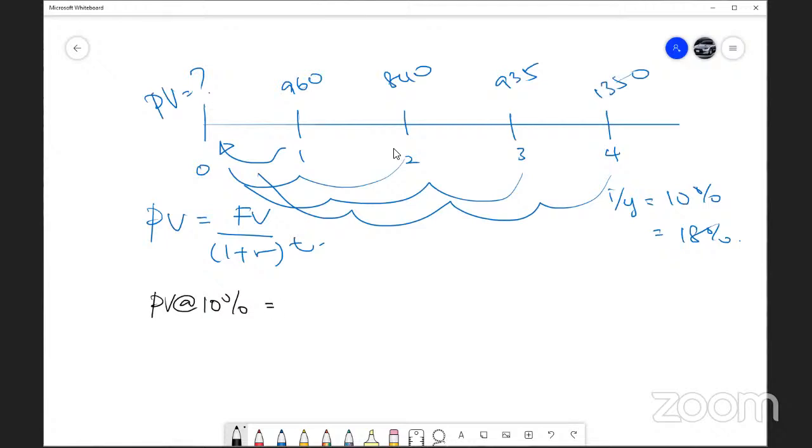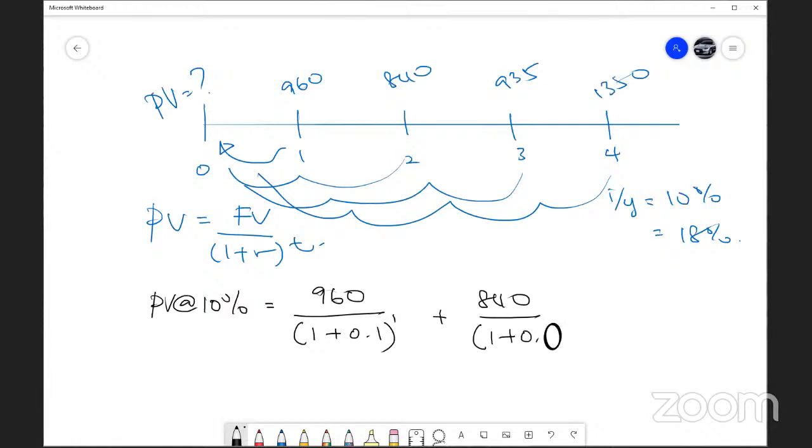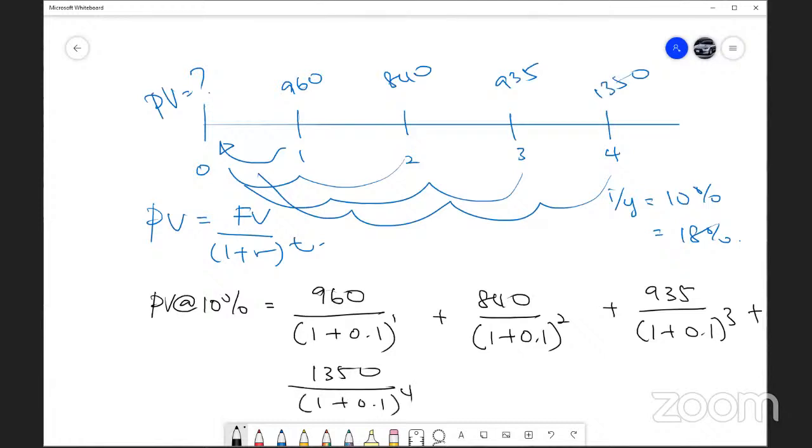All right, so you take future value, year 1, 960, divided by (1 plus 0.1) power of 1, plus 840 divided by (1 plus 0.1) power of 2, plus 935 divided by (1 plus 0.1) power of 3, and lastly plus 1350 divided by (1 plus 0.1) power of 4.